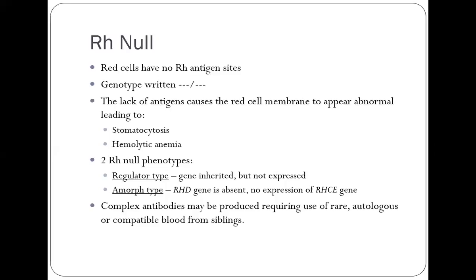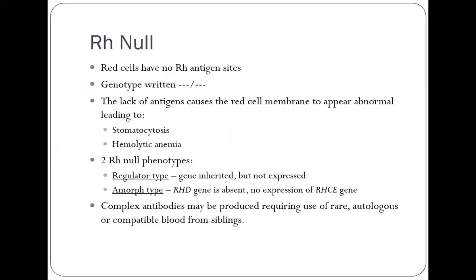This regulator type causes your Rh gene, even though it was inherited, not to be expressed. And then there's the amorph type, so cells that are totally Rh negative. It's because the RHD gene is absent, so they're not going to have any expression whatsoever.